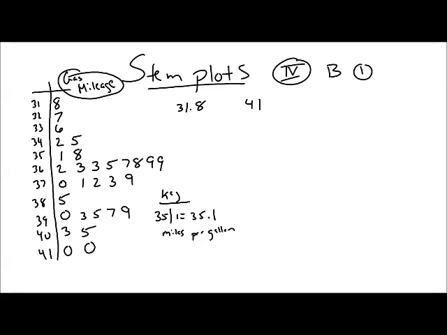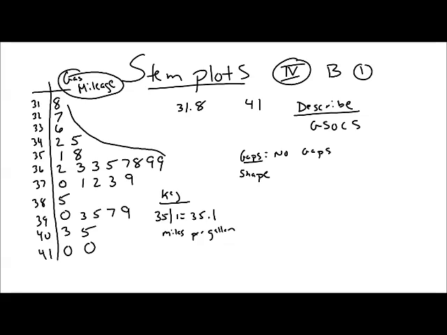Okay. Now let's describe. Now we talked about that thing that was gaps, shape, outlier, center, spread. That's GSOCS. Gaps. No gaps. Shape. Now you can look at the dot plot too, kind of draw a little curve around the data.